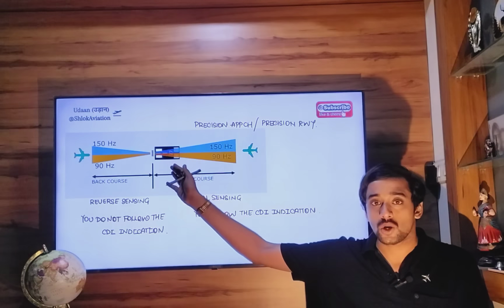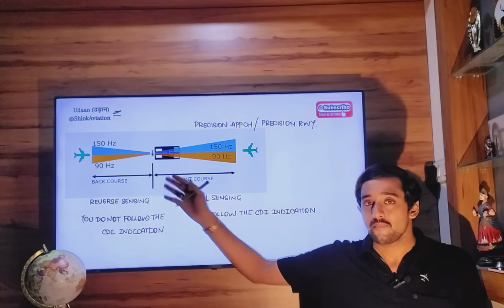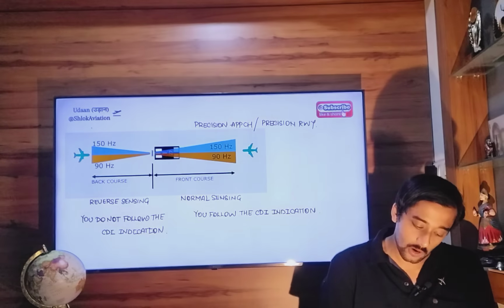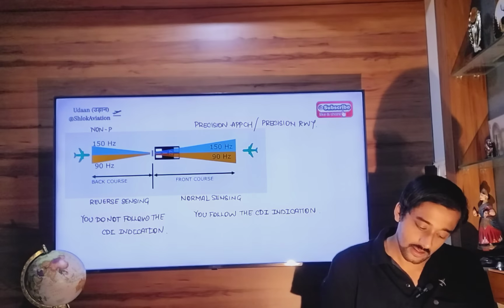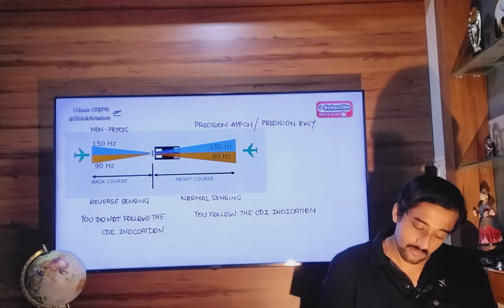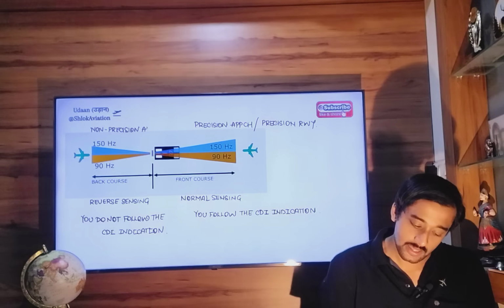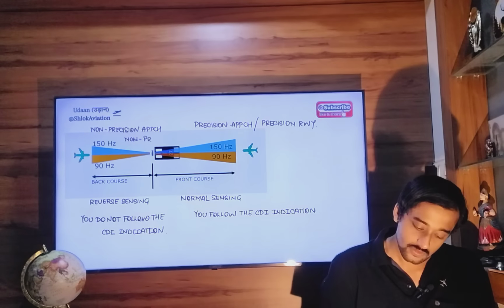A back course ILS will only be able to provide lateral guidance with the use of the localizer antenna, which is not meant for that particular runway, but still. So it will be called a non-precision approach, and that runway will also be called a non-precision runway.